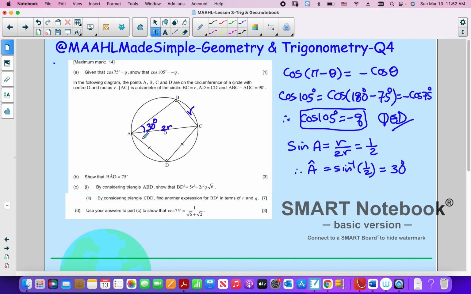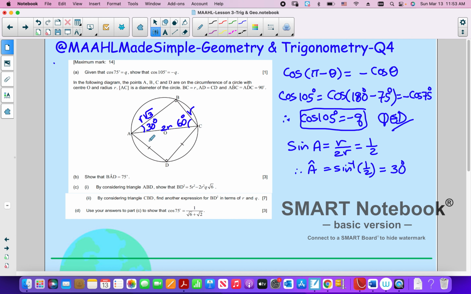So now we know this is 30 degrees, and this one automatically is 60 degrees. The side facing 60 degrees is equal to the side facing 30 times root 3. So this side AB, I can write as R root 3, from the special right angle triangle 30, 60, 90.